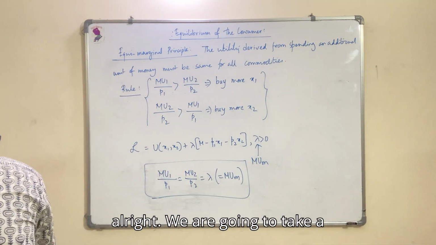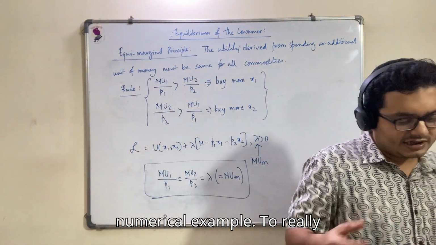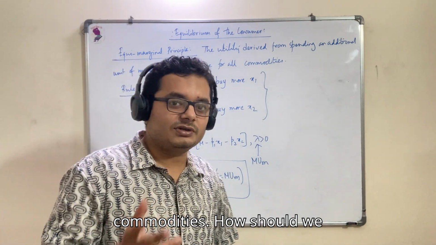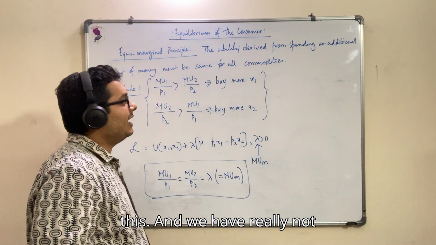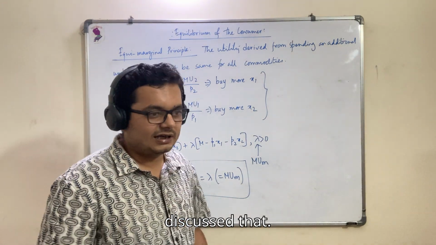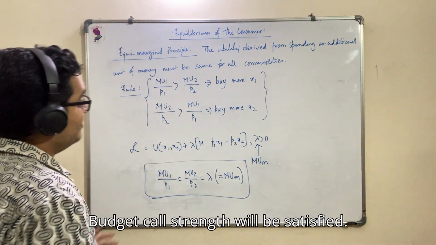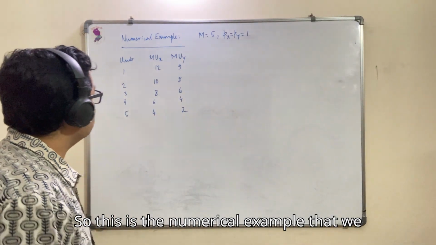Alright. So now we are going to take a numerical example to really understand how we should proceed when there are multiple commodities. Because it will not be like this. And we have really not discussed how the budget constraint will be satisfied. So this is the numerical example that we are going to discuss.